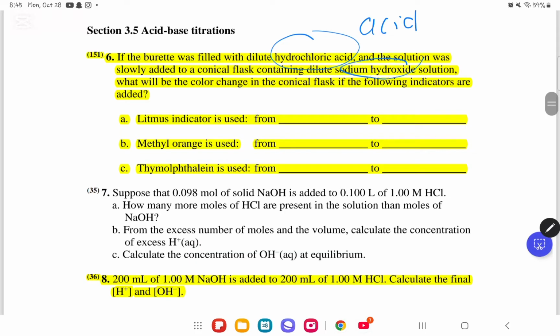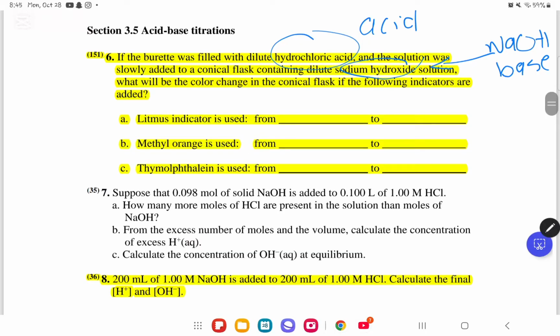So we have NaOH, which is a base. What will the color change be if the following indicators are added?